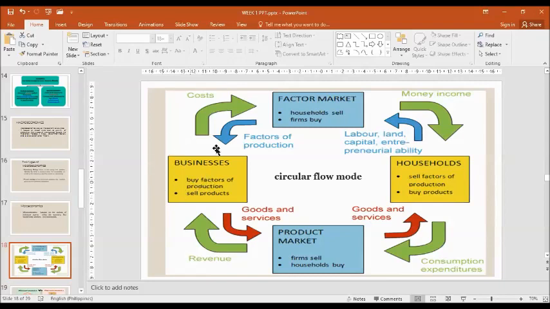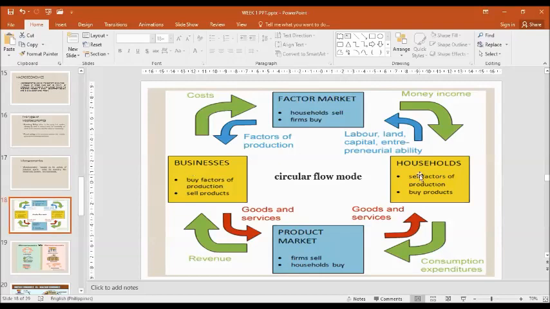If the business gains income or revenue, in return, they can again provide payments to the household, to their workers or employees. They will provide salaries and wages. So this is the circular flow in microeconomics.